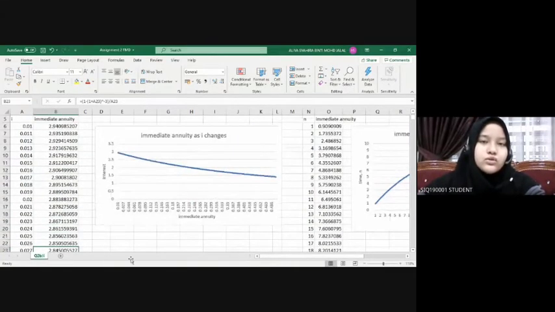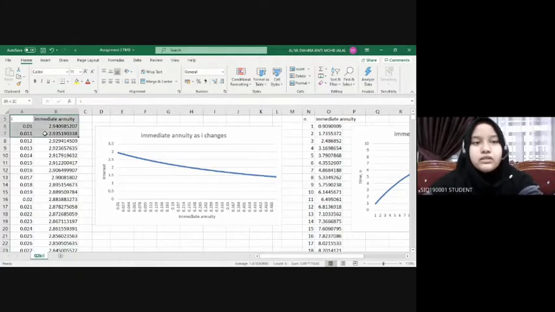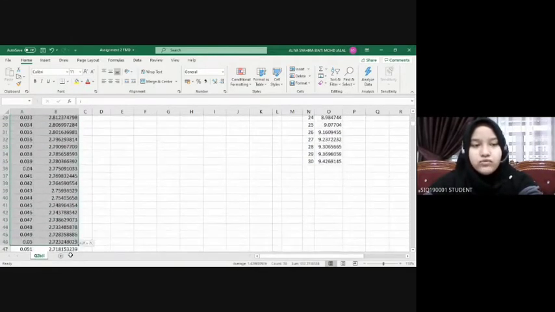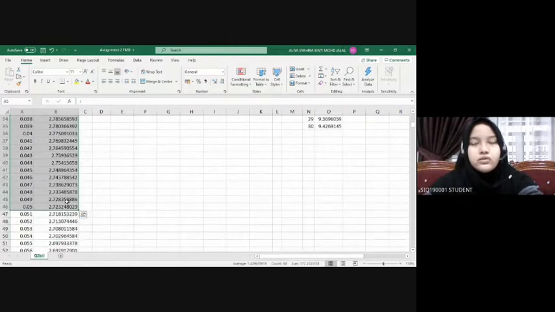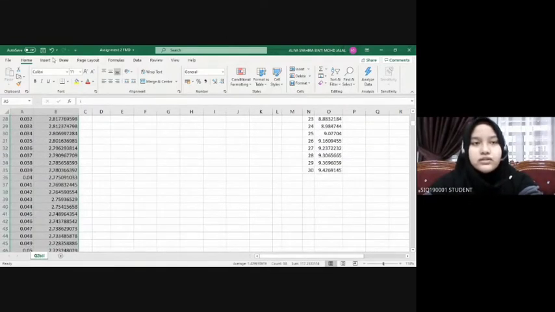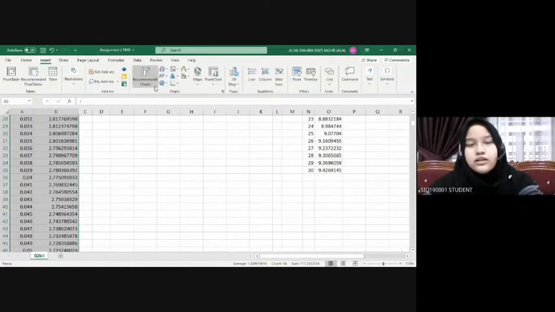So to make a diagram for this immediate annuity as the interest increases, we select them all until the 0.5 interest, and then we click insert, we click recommended chart.